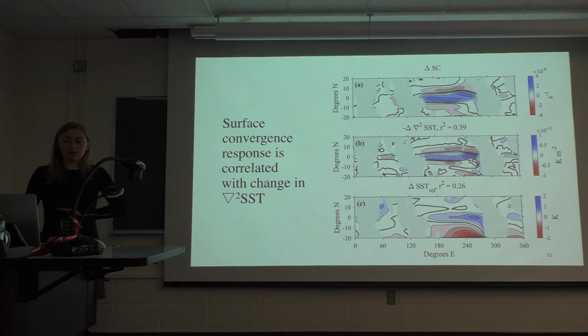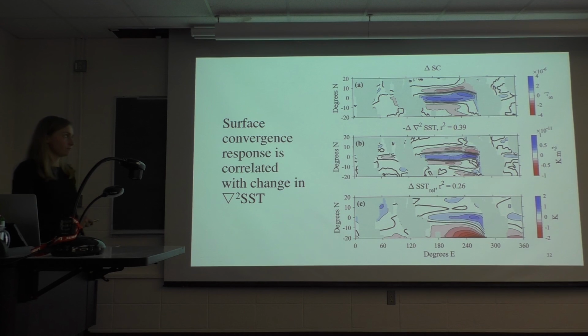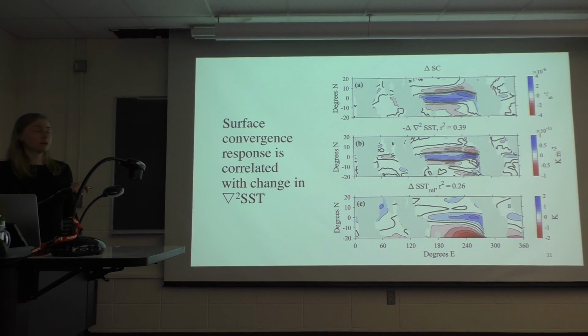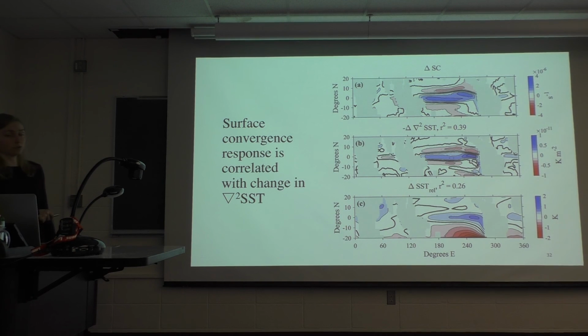So just to kind of prime you for this section, here's the response of surface convergence to climate change. This is the ensemble mean across a bunch of CMIP5 models. And so we have this negative anomaly in the northern part of the tropical Pacific, this positive anomaly in the equatorial Pacific, the negative anomaly here, some smaller anomalies in the Indian Ocean and the Atlantic Ocean. That's what it looks like.